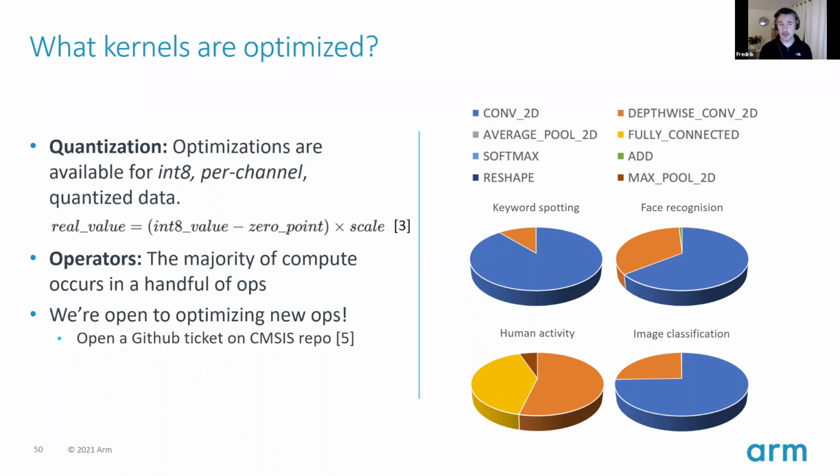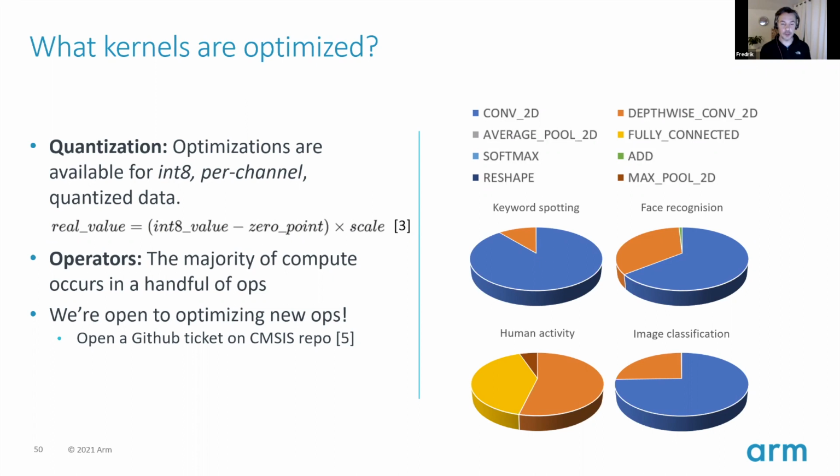So an 8-bit data type is more suitable. And if we go down to the specifics, we are using a symmetric int8 per-channel quantized data type. You can see the formula there, and you can find a reference for it in a later slide.